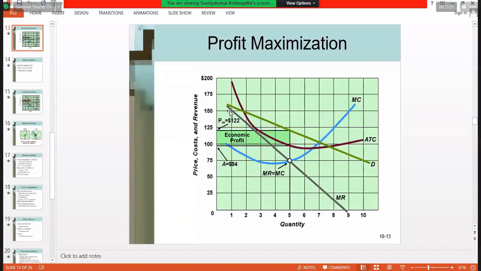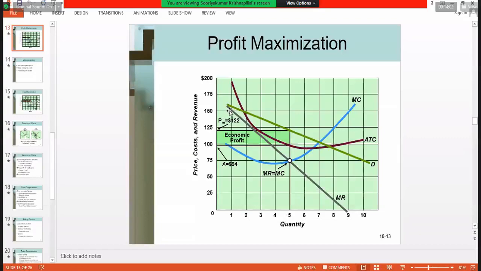If he selects those prices, he will sell less quantity, 1 or 2, so his profit may be less. If he sets a price higher than 122, there will be a reduction in quantity. People will buy less at the higher price, so he will not get higher profit.